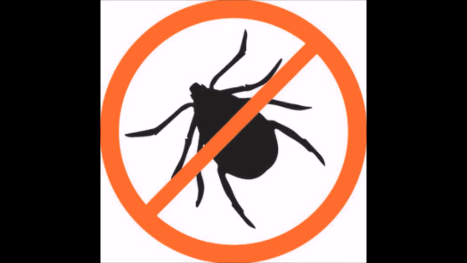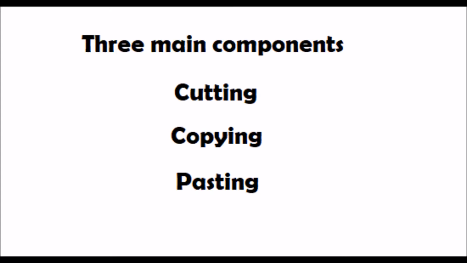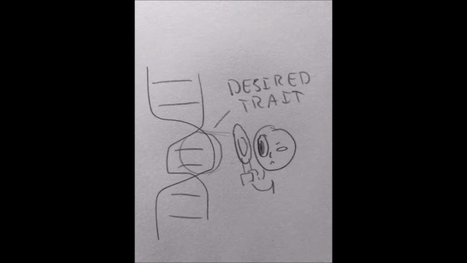First of all, however, let me explain how a transgenic species is even made in the first place. The method of producing a transgenic species can be boiled down to three main components: cutting, copying, and pasting. Let's go through it. Firstly, the gene from the source organism that contains the desired trait must be identified. Once this gene is identified, the first step begins: cutting.